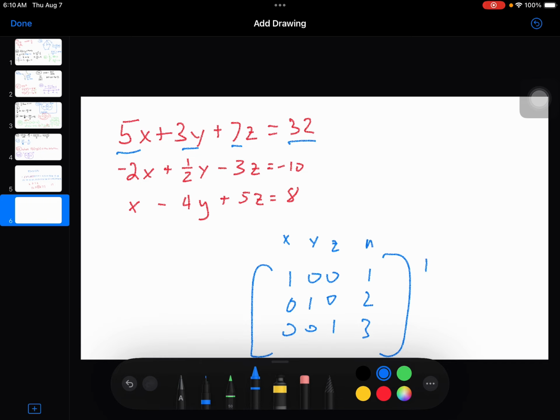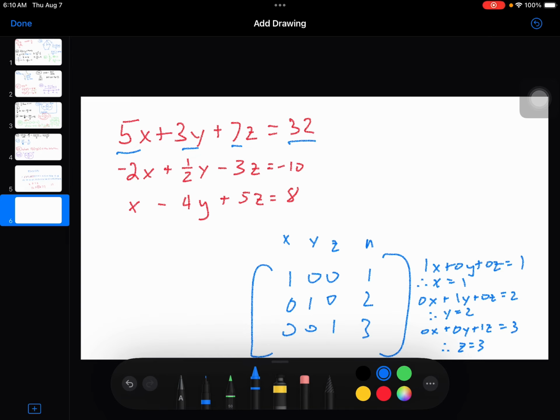What that means is 1x plus 0y plus 0z is equal to 1, therefore x is equal to 1. And then 0x plus 1y plus 0z is equal to 2, and therefore y is equal to 2. And finally 0x plus 0y plus 1z is equal to 3, so z is equal to 3.